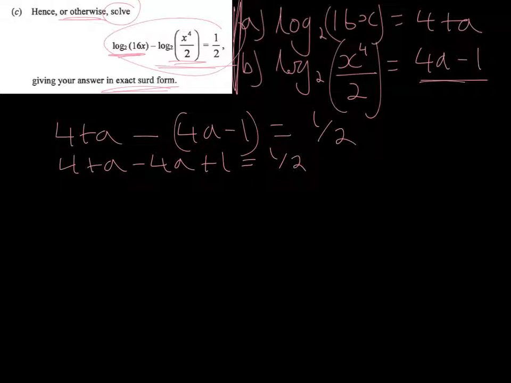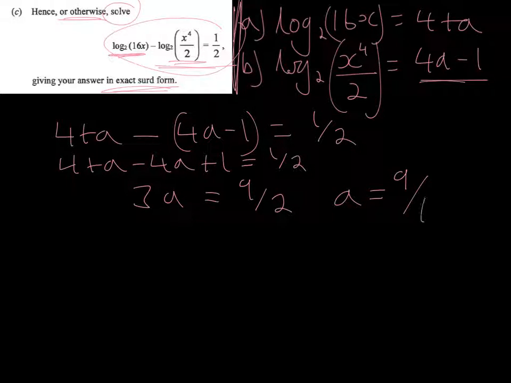We can tidy that up a little bit, and we are going to get negative 3a plus 5 equals a half. If we take that over the other side, that's going to give us 3a equals 9 over 2. So from that we can deduce that a is going to equal 9 over 6, which is going to be 3 over 2.